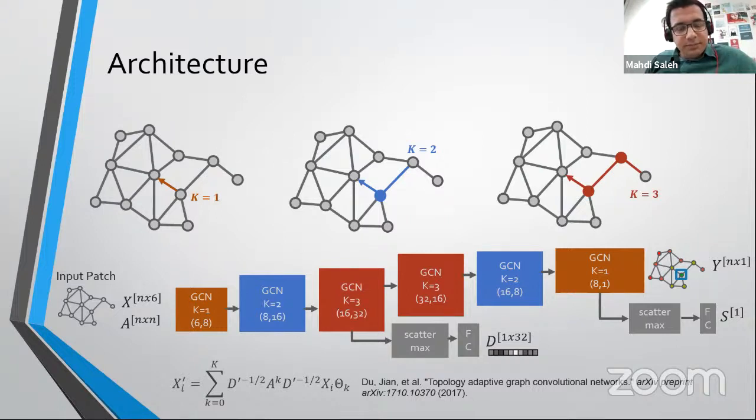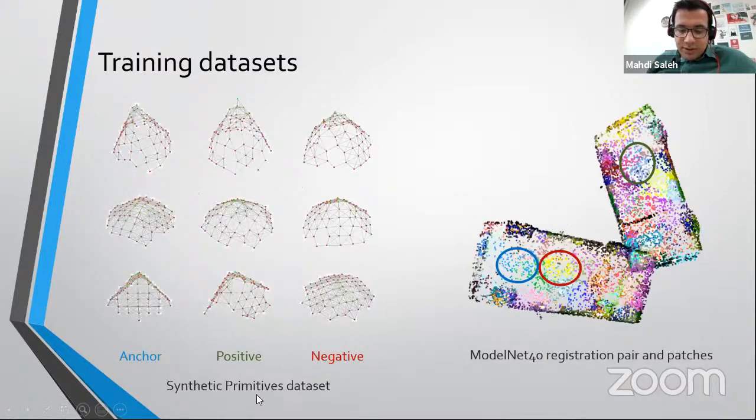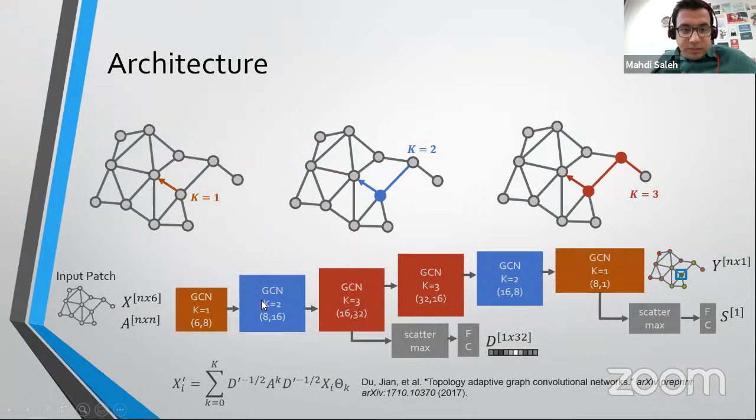And this is our architecture, which we use to process and describe the local graph, where we have an input patch. We can compute the adjacency matrix, and this is the feature matrix of the nodes. And then we have multiple iterations of GCN. A GCN here is basically a simple matrix multiplication, which you apply on different hops.